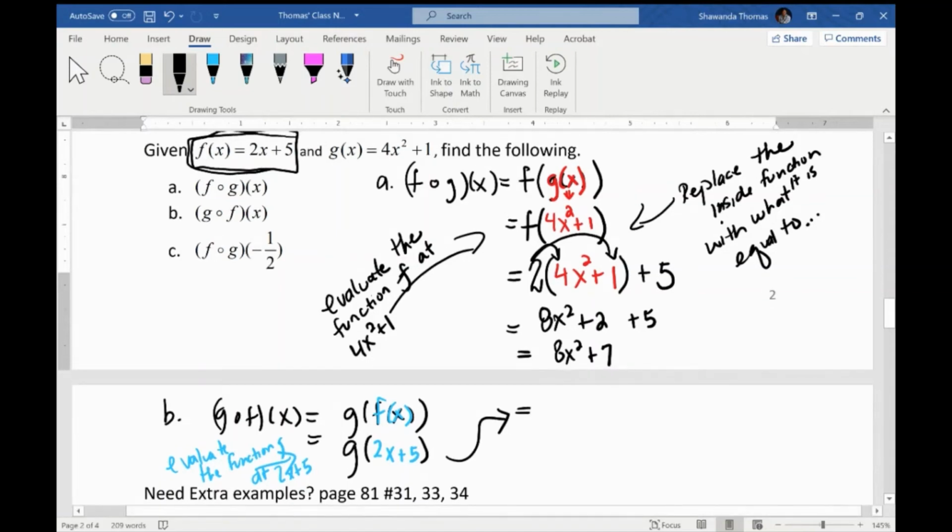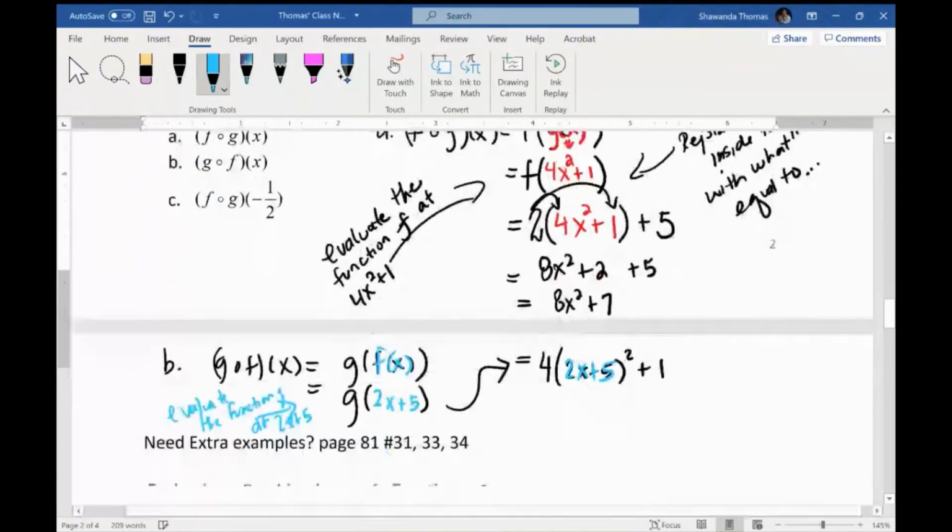We're going to sub in 2x plus 5 into the 4x squared plus 1. Into the really x of 4x squared plus 1. So tell me what to write, exactly how you would write it. So you'll put 4 parentheses 2x plus 5 parentheses squared plus 1. Very nice. You got it.